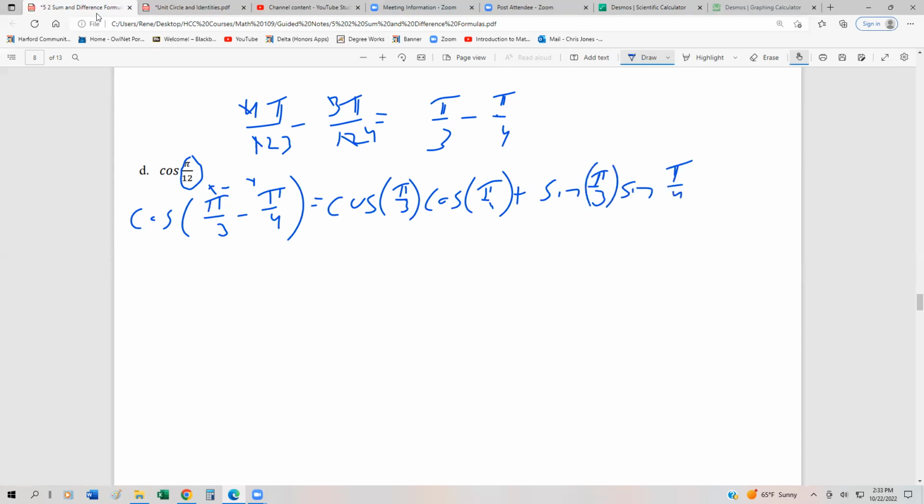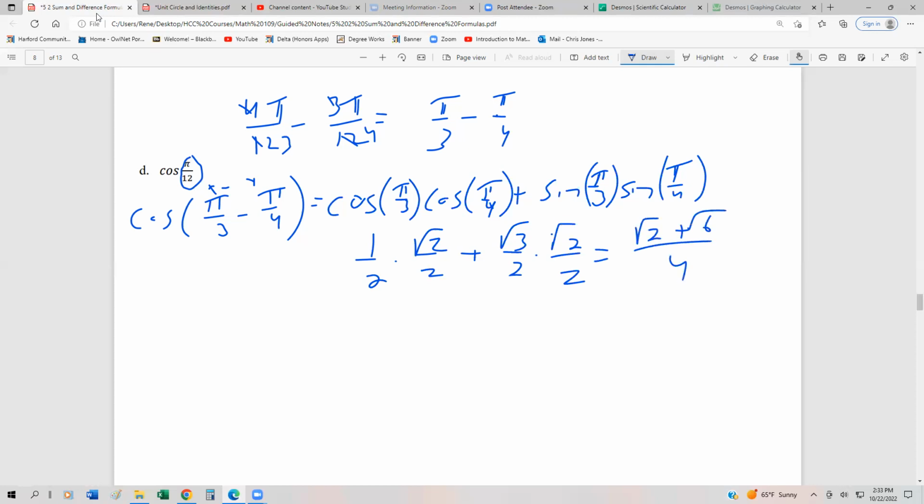And once again, we just do this from memory, or we could use our unit circle either way. Cos of pi thirds, a half. Cos of pi fourths, root 2 over 2. Sine of pi thirds, root 3 over 2. Sine of pi fourths is going to be square root of 2 over 2. And once again, we get our friend root 2 plus root 6 divided by 4.